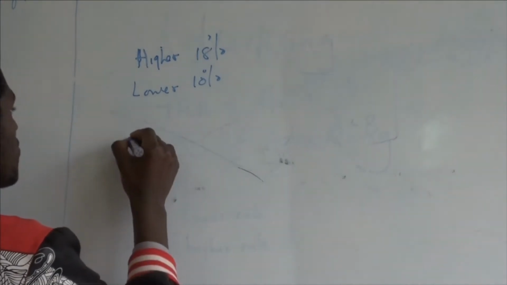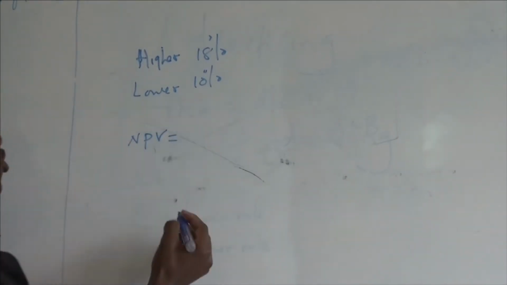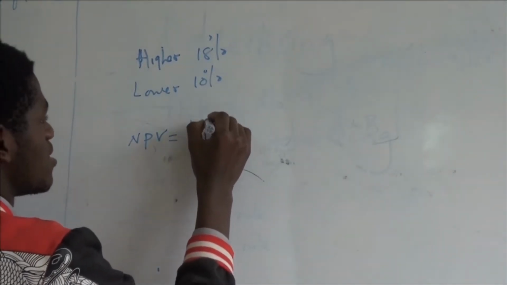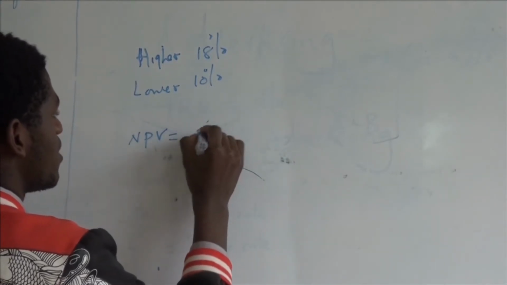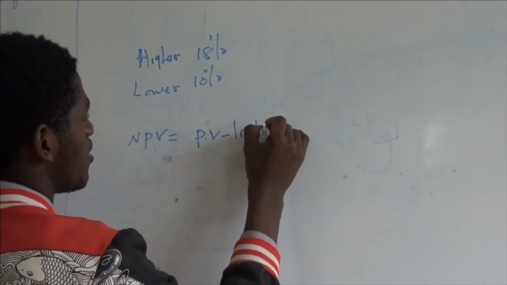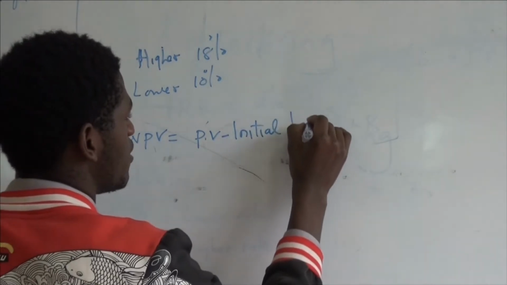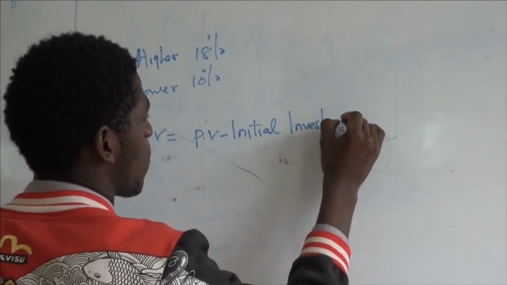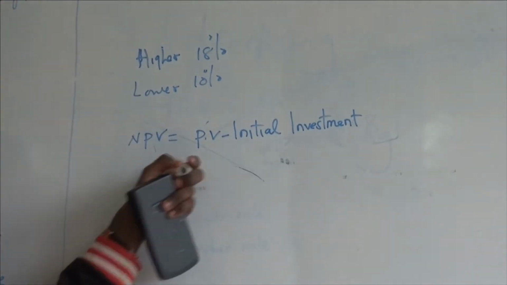So net present value is equal to PV minus initial investment. So how do you calculate the PV?